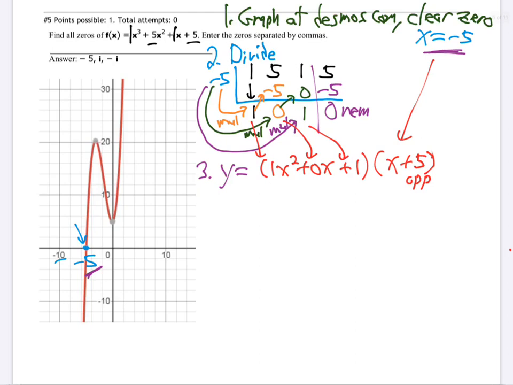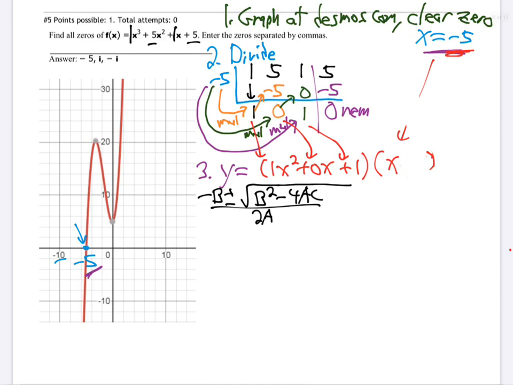Okay, opposite of -5. Okay, so now we go to the quad, our friend the quad. So -b plus or minus the square root of b squared minus 4ac all over 2a. Whoops. I messed that up over there.